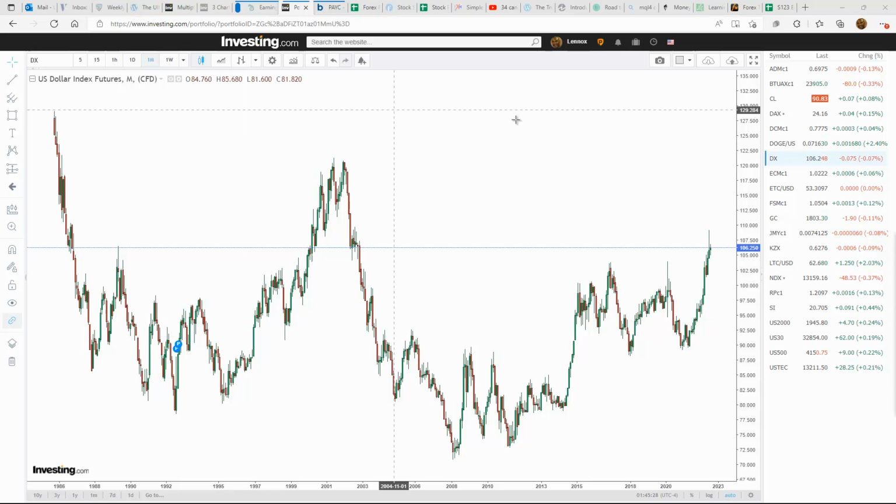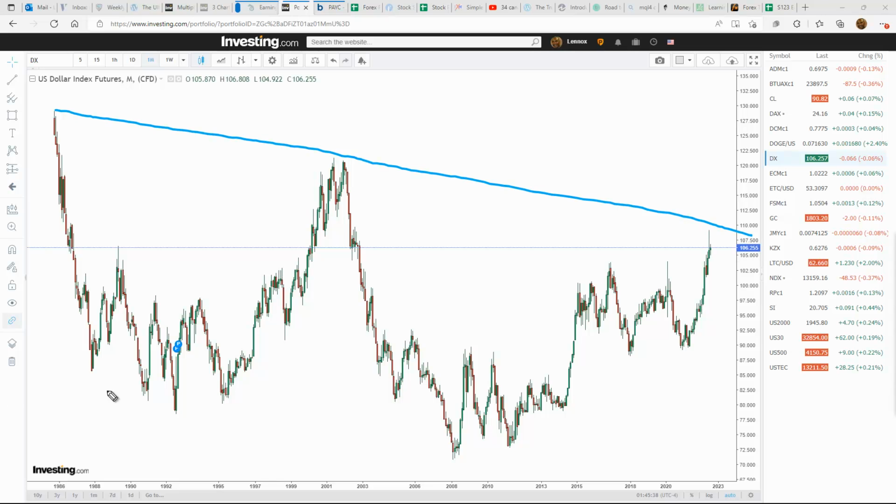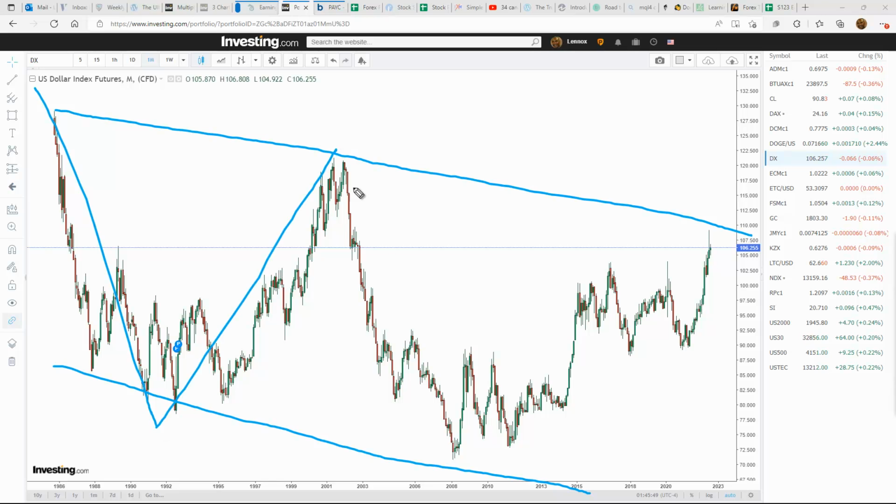the US dollar. Overall, I'm on the monthly time frame, taking a look at the overall picture of the US dollar. Just a quick overview of what I'm seeing. We're inside of a structure on the monthly, kind of like a triangle or a flat.